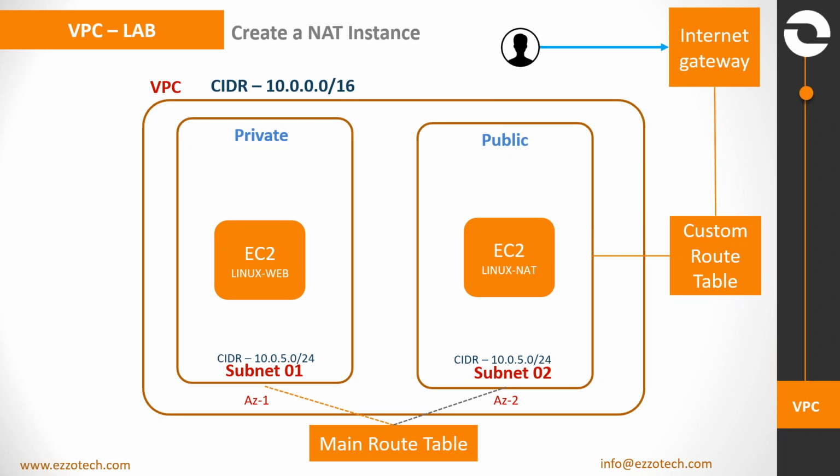Now, in the second scenario, my user is trying to communicate to the second EC2 instance, which is in the private subnet. So the traffic will flow from user to internet gateway, then to custom route table, then from custom route table to the private EC2 instance. But this, okay.